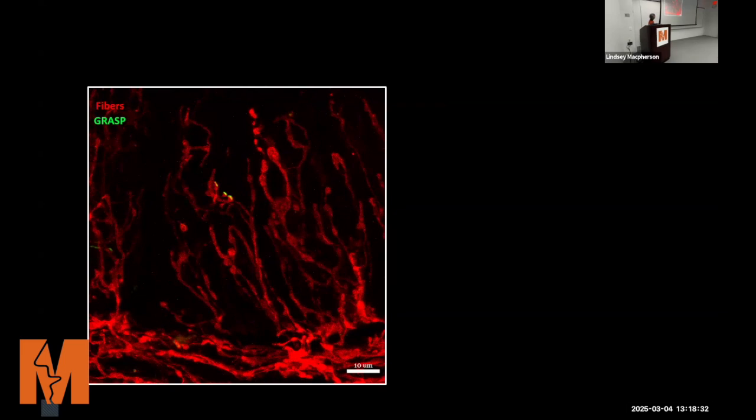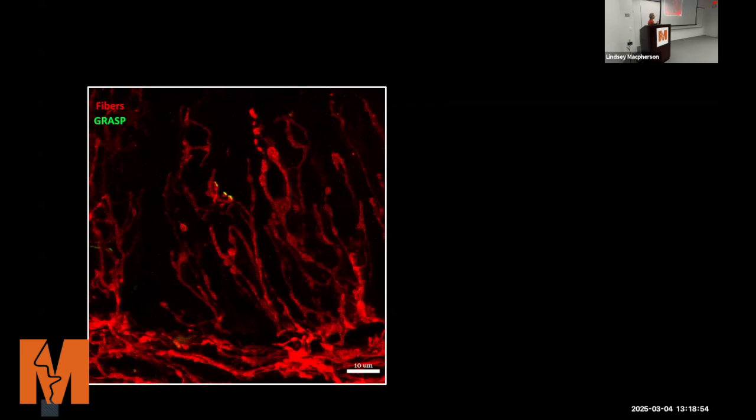And then right at these tips, you can see some green labeling happening. This is less than I was hoping for. I was hoping for a lot more GRASP here. This is one of these mice where the pre-GRASP should be expressed on most of the cell types, so this is a little bit less than I was expecting.